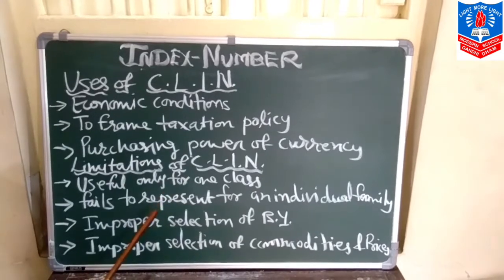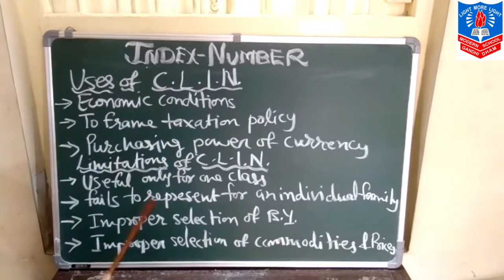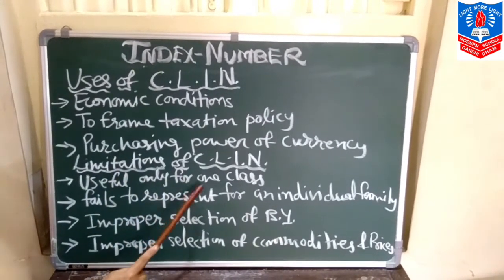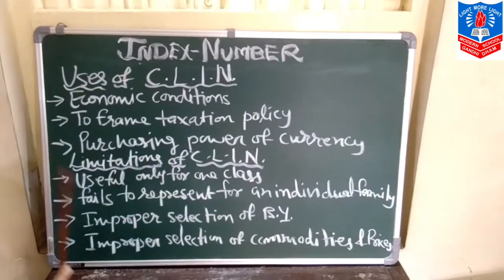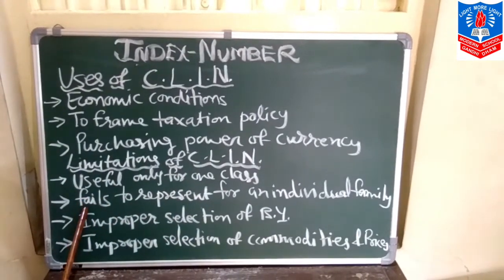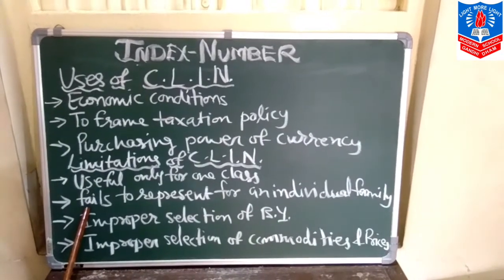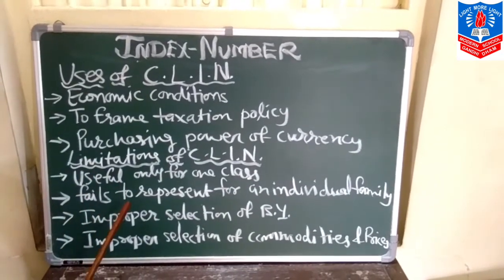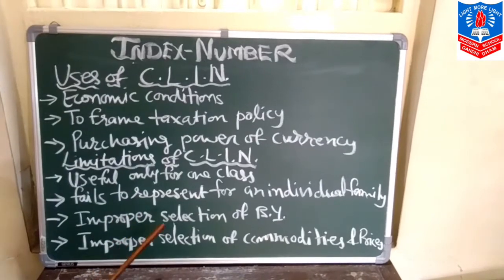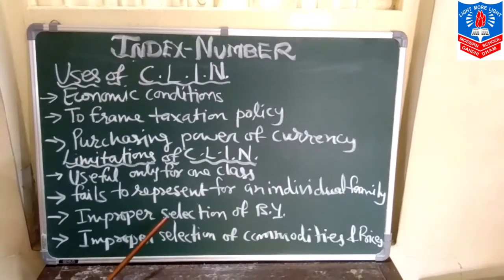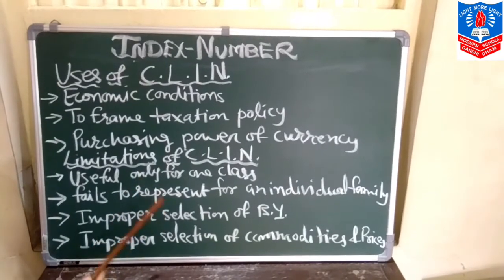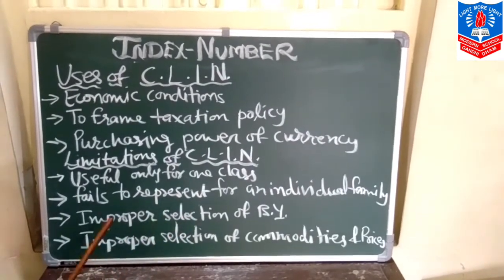So the cost of living index number is useful only for the class of people for whom it is constructed. Number two, the index number constructed for one class of people of a certain region is not useful for another class of people.